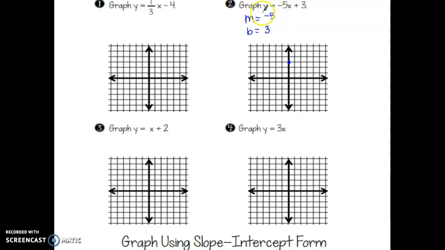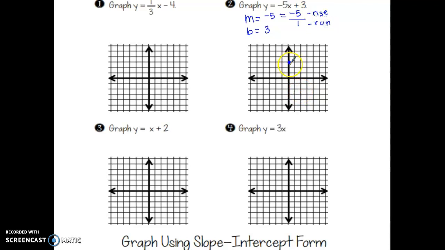And then I'm going to use my slope, rise over run. But we only have one number, negative 5. So how am I going to turn that into a rise over run? Well, remember, negative 5 is the same thing as negative 5 over 1. So this is my rise, and this is my run.